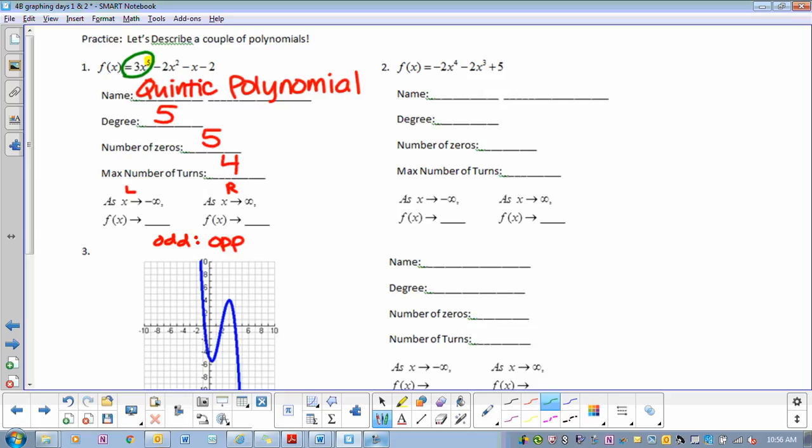So since that's a positive, it means that this is going up on the right. And that means up to infinity. Does that make sense? And since it's an odd function, it should be doing the opposite. That means your left one is going how? Yeah, down, or down to negative infinity, yeah.